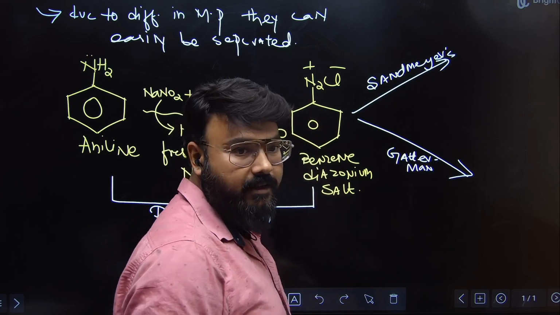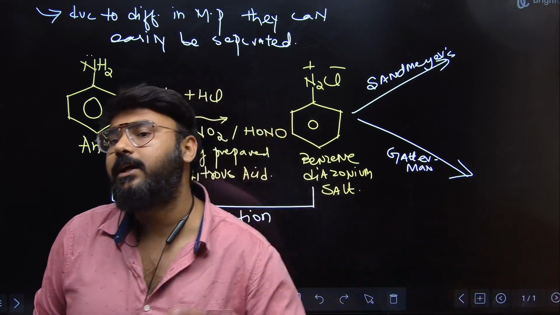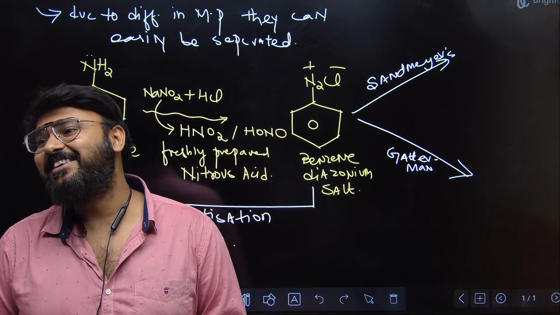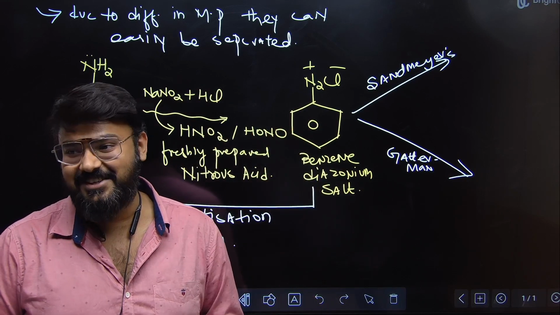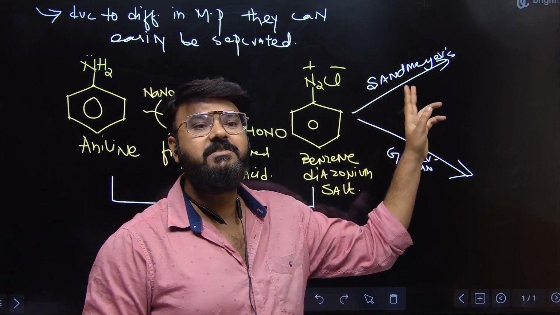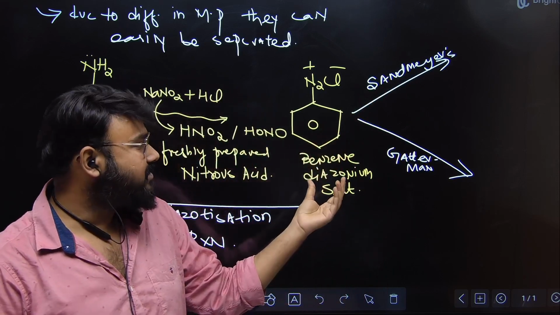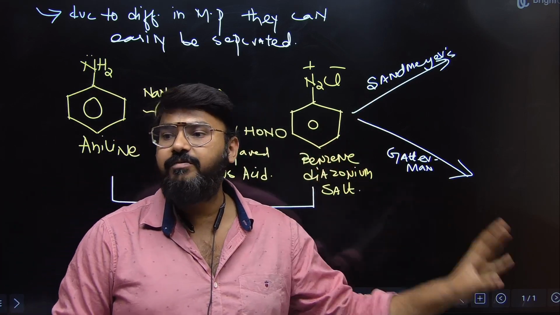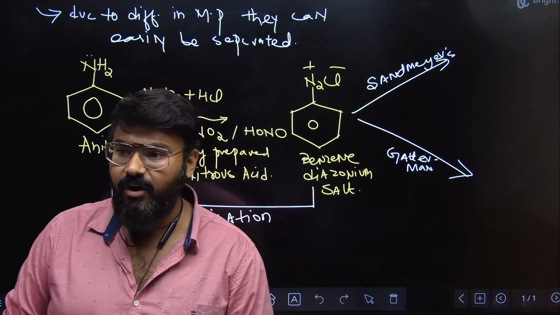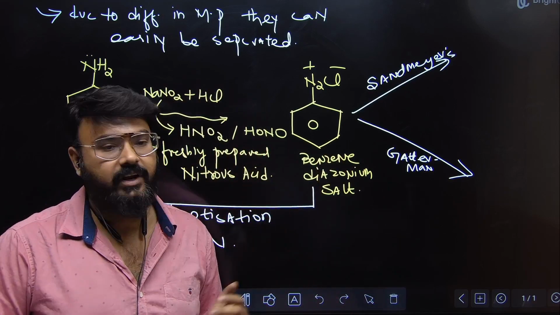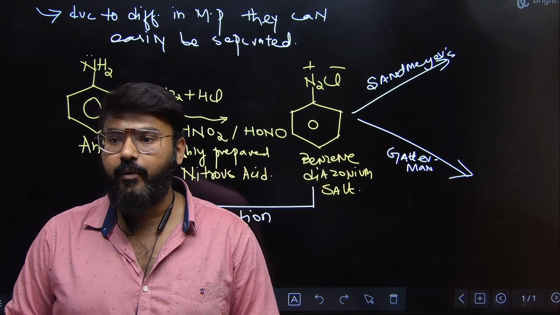Sandmeyer and Gattermann. Don't write Gutterman. It's Gattermann reaction. So these two reactions we will be learning in the next class, and we will see how using this benzene diazonium salt we prepare halogens. And some more reactions. After that, we will do a lot of questions.